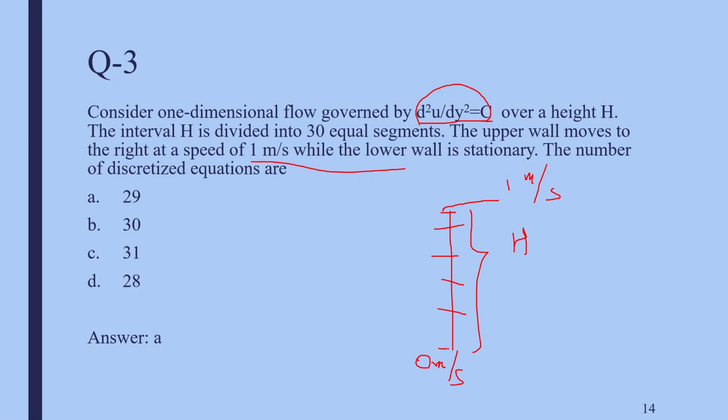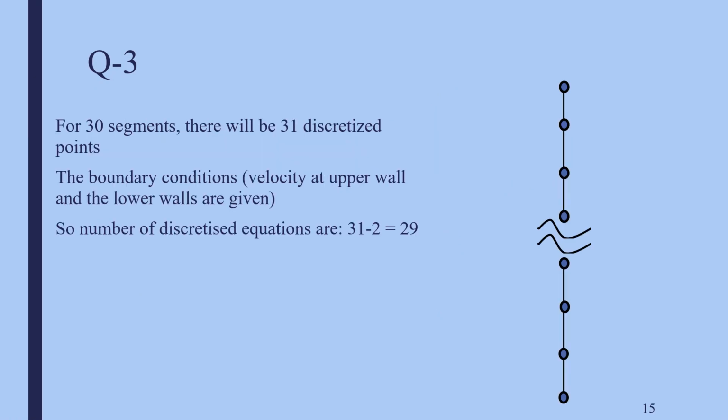For example, consider this particular height h, divided into 5 equal segments. Here we consider only the top portion, with 3 equal regions.